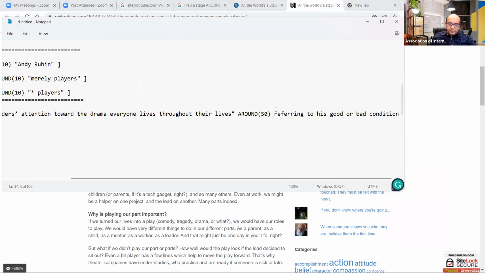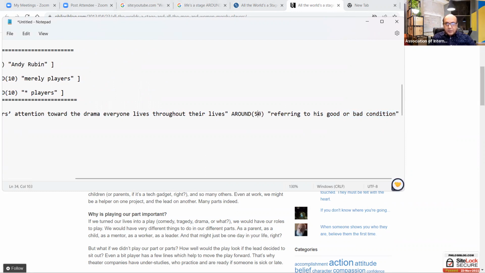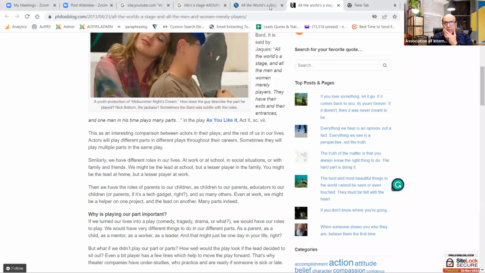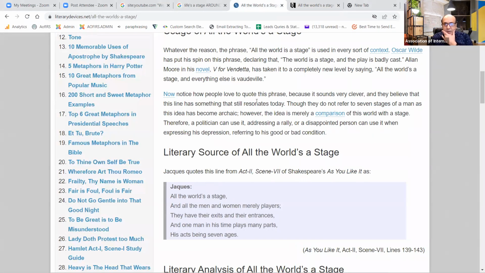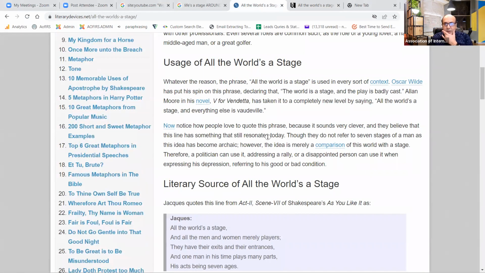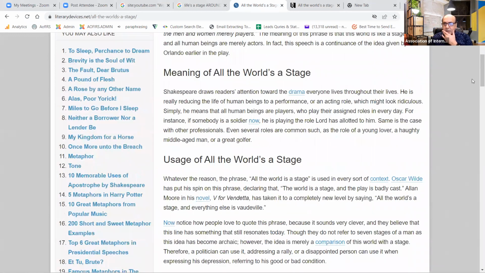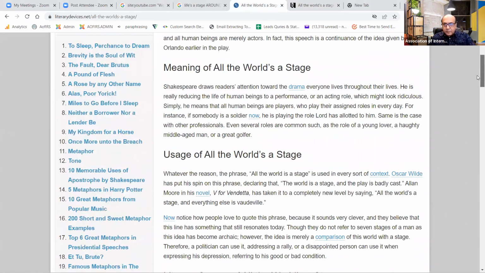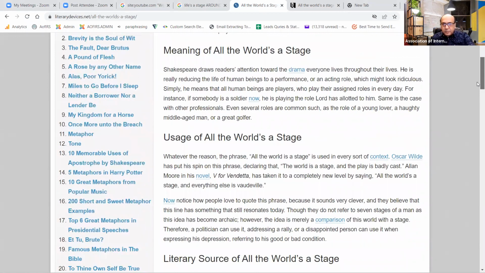So let's say 50, or maybe 60 words, I don't know. You think it will be 50, 60 words here? Between this and, let's see, where did we pick it from?